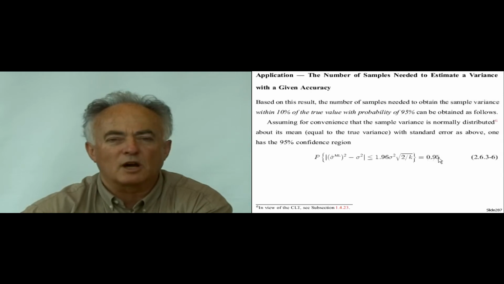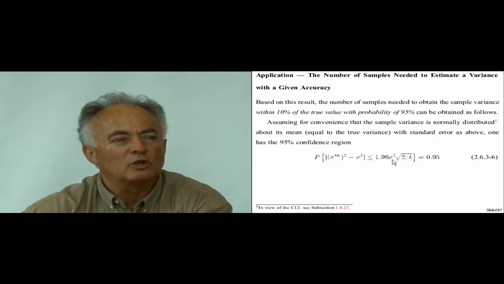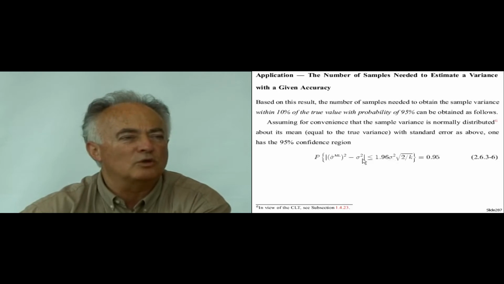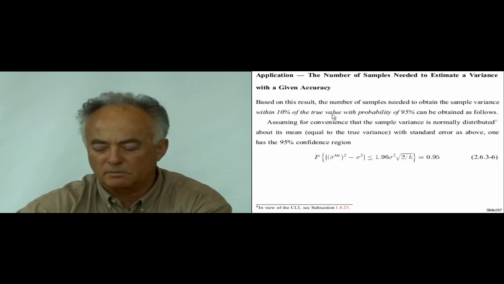So based on the Gaussian, we use what's called a 2 sigma or 95% probability region. And once we put in the two values, we can now do a simple algebraic manipulation to bring in the 10% relative error concept.